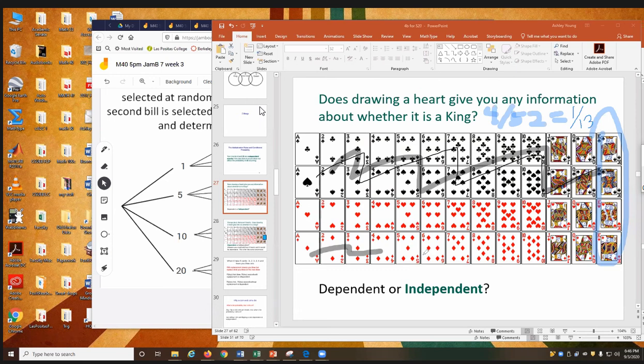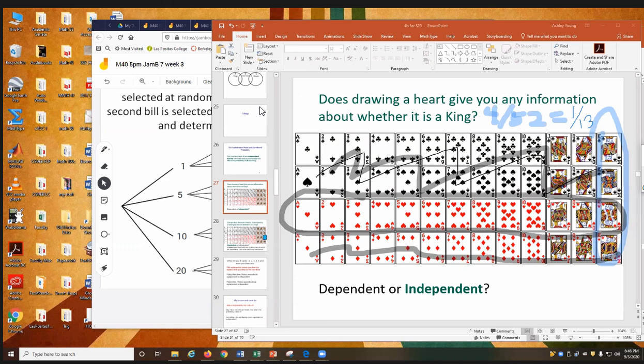It's definitely one of these. Everybody on board with me? I'm giving you the information that it's a heart. Now what's the probability that it's a king?